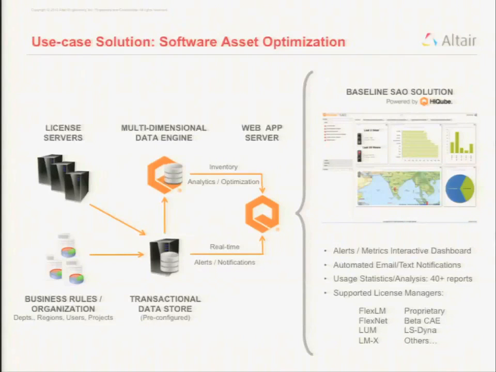Okay? And the baseline, what we have done is we've gone through this cycle a few times, and finally we came to a conclusion where we package out of the box a certain set of reports. We today have agents that support FlexLM licenses, FlexNet, LUM, which CATIA uses, and LMX.